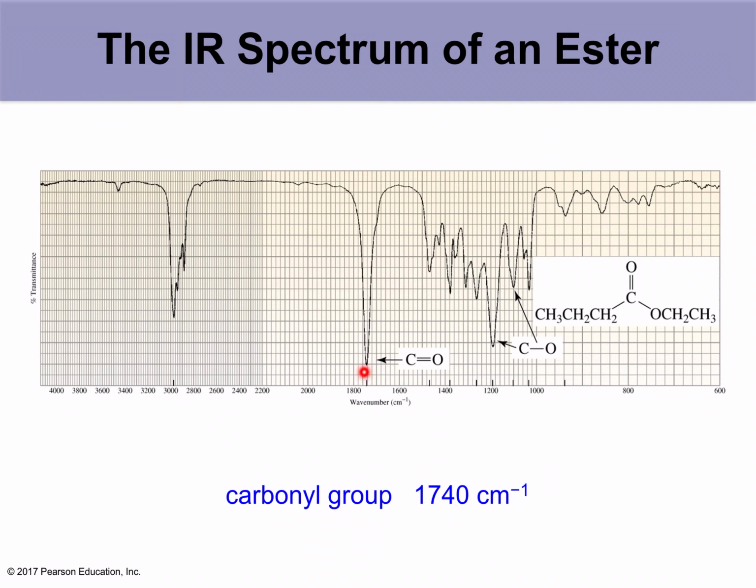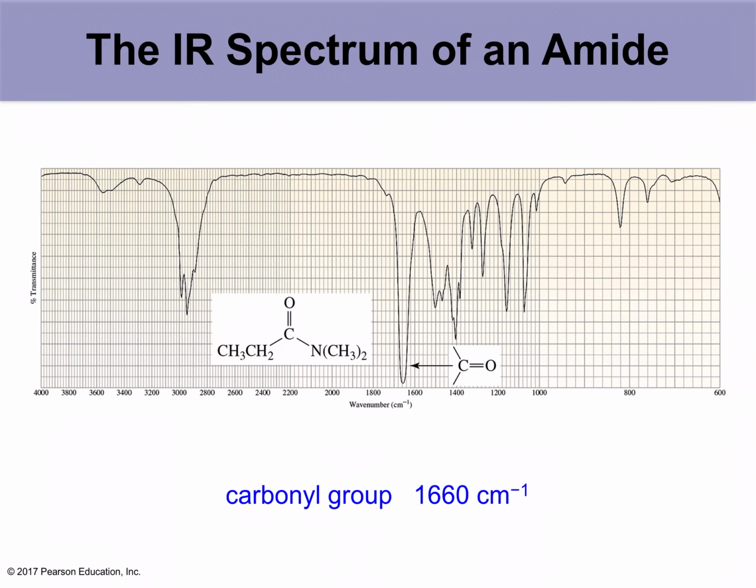So our frequency, or the wave number, is going to be 1740 right there. Okay, and this is carbon oxygen. This single bond you find somewhere here. And then this is an amide group. Amide is, you have the carbonyl group, now instead of oxygen, you have nitrogen there. So the carbonyl group, this group is 1660.